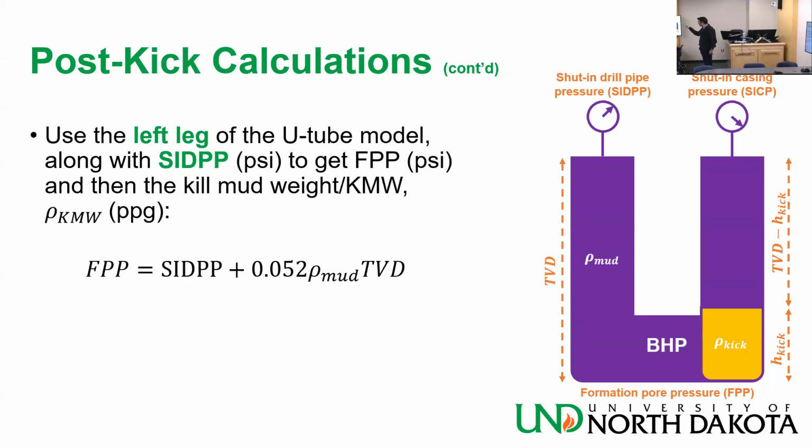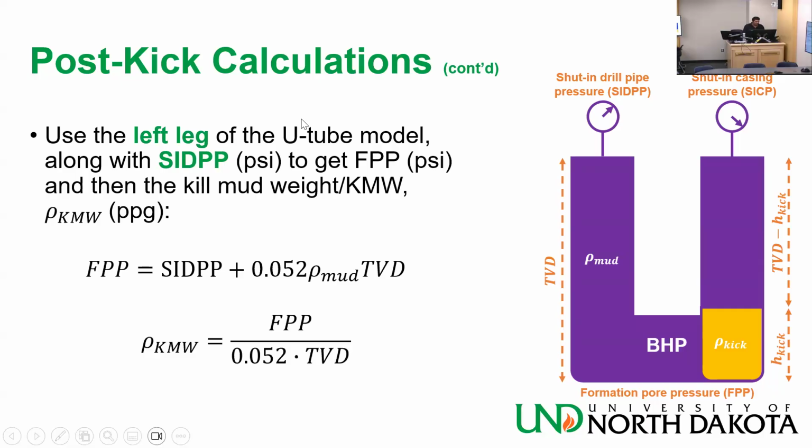And this is the part of the class where I wanted to say make sure you use the right TVD, the TVD of the entire hole. So if you lifted off the bottom, make sure you use the actual hole depth. Then convert that to density using the same true vertical depth, and that will be the kill mud weight or the kill weight mud. Some people use KMW, some people use KWM. I think your app uses KWM.